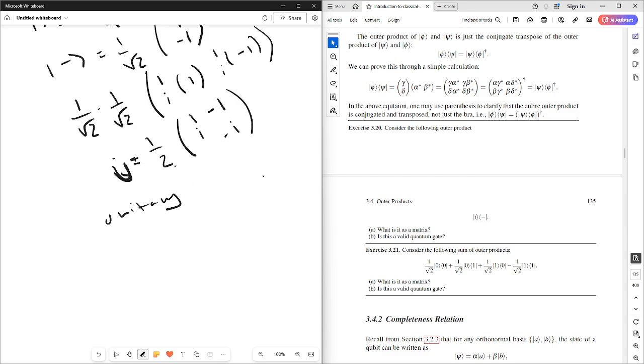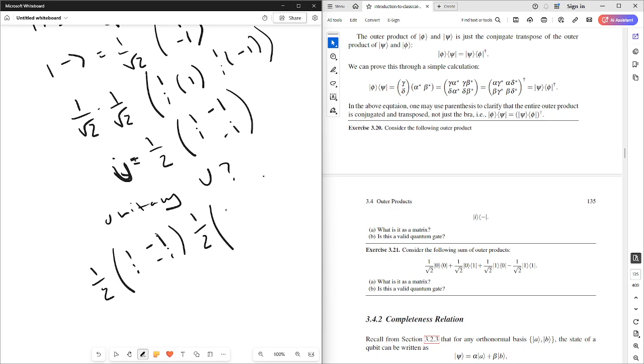So let's see if U, this result here, is actually unitary. So we'll take the conjugate transpose. So we'll transpose this: 1/2 1 I minus 1 minus I, times its conjugate transpose.